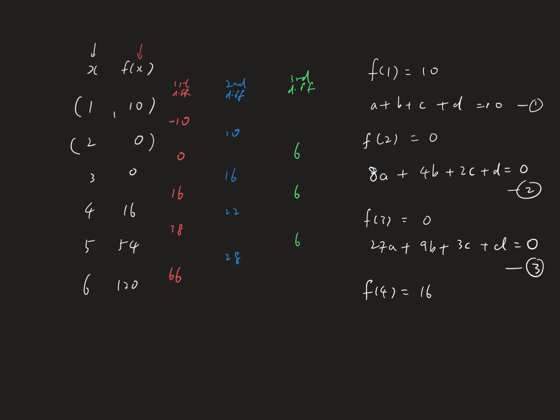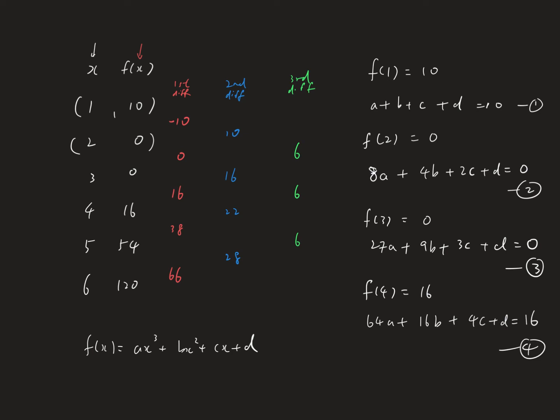So we have f(x) equals ax cubed plus bx squared plus cx plus d, and this is the last part, which is 64a plus 16b plus 4c plus d equals 16, which is equation 4.